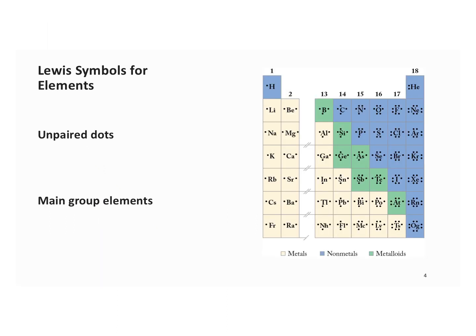So let's look at some examples of this. Again, the unpaired dots are the valence electrons, and these are the electrons that are involved in bonding. A lot of times this is referred to as the element's bonding capacity. For example, if carbon has 4 unpaired electrons here, then it's got 4 spaces to form a bond.